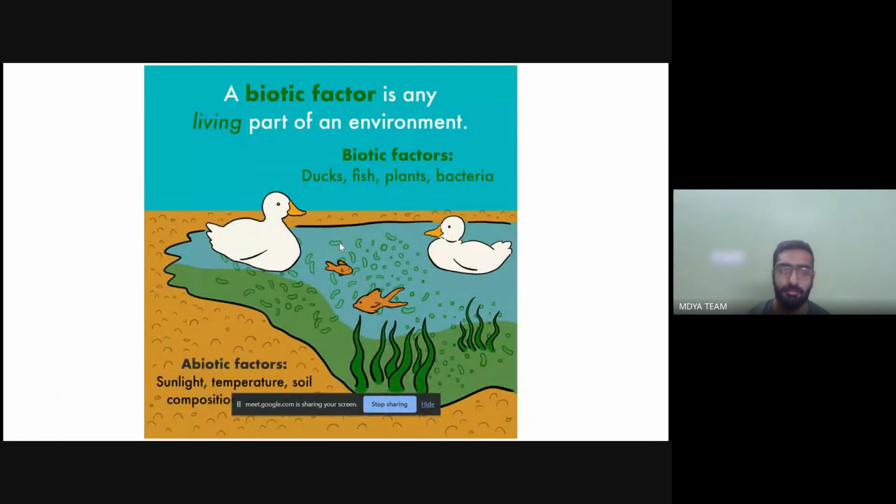Okay, and the next we go on to the biotic factors. So I explained it previously. The biotic factors, which are the living factors, how they contribute to the environment. Okay, so ducks, fish, plants, and bacteria. Okay, so for example, if there are too many insects in the environment, then that could create problems for the human beings.